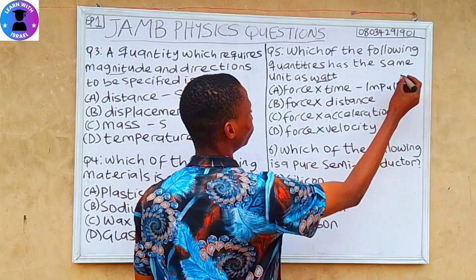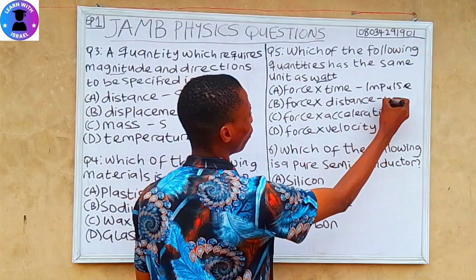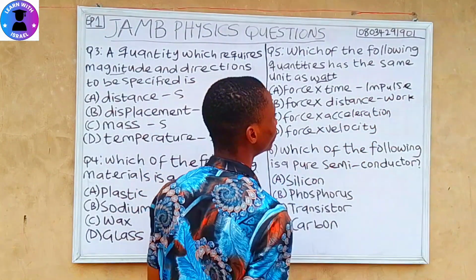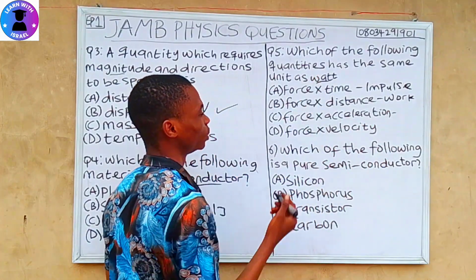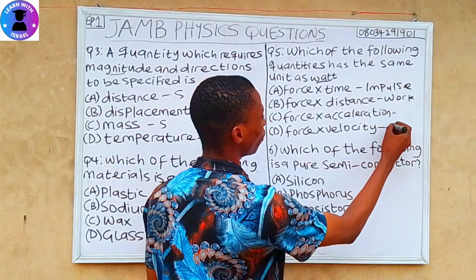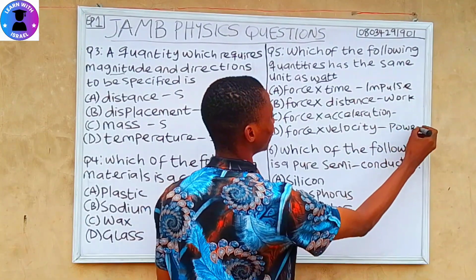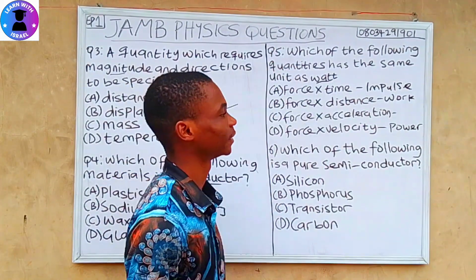We all know that the unit for power is watt. Force times distance is work, and the unit for work is joule. Force times acceleration has nothing to do with watt. Force times velocity is another formula for power, and the unit of power is watt.